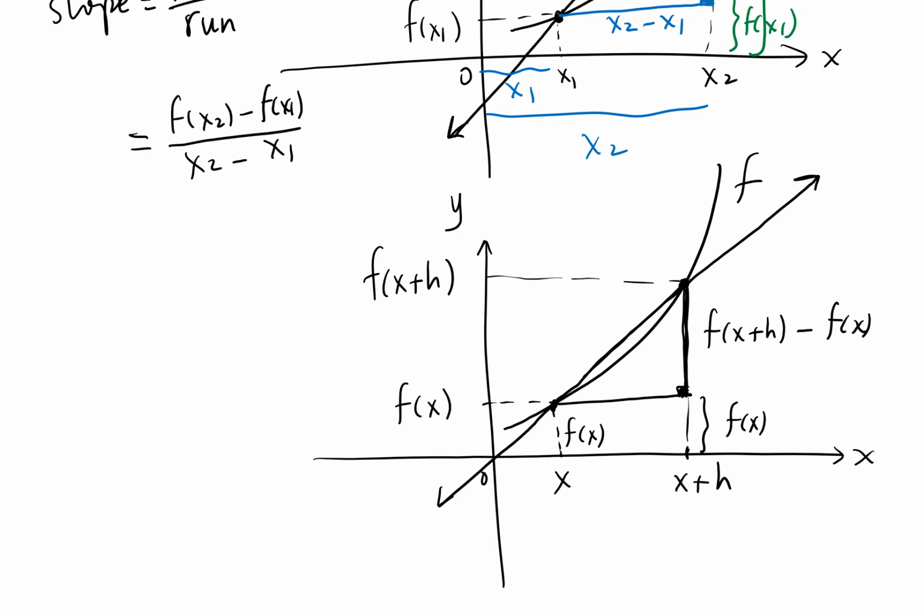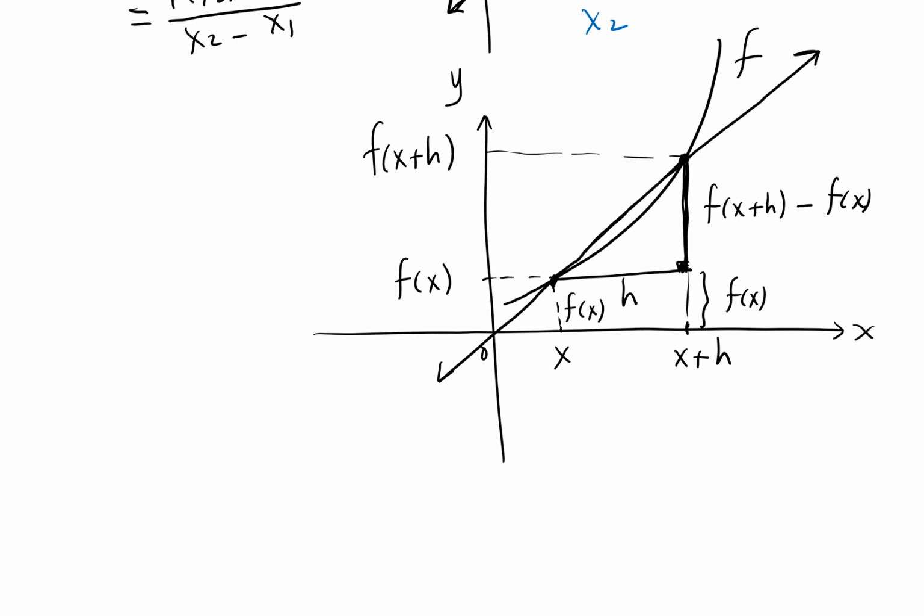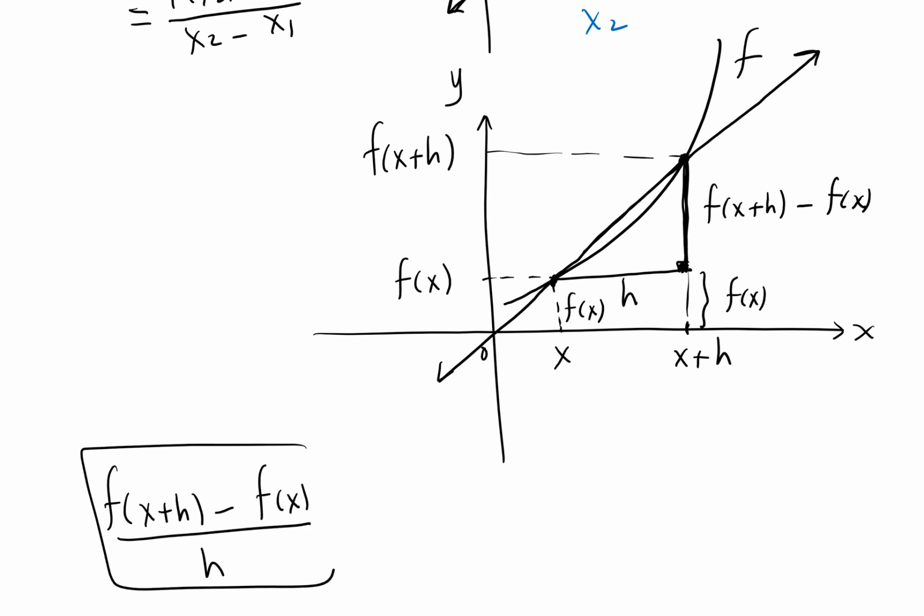And the horizontal distance is simply h. So if I want to find the slope of the secant line, it's f of x plus h minus f of x all over the run h. This is called the difference quotient.